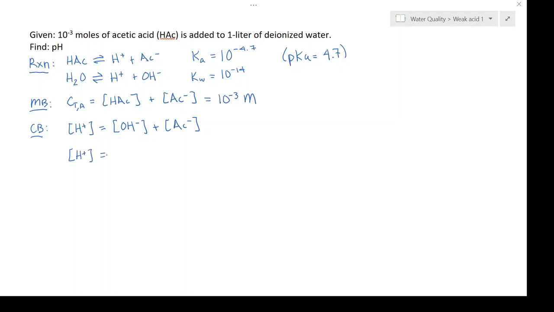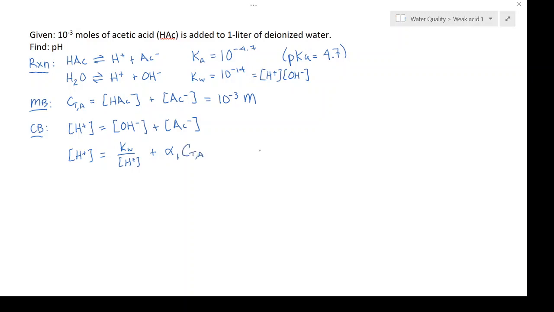Then I'll use the equilibrium equation for hydroxide up above, and I'm just going to write it as Kw over H plus for right now, because Kw is the hydrogen ion concentration times hydroxide. Then I'm going to make a substitution for the acetate. I'm going to use the monoprotic alpha because acetic acid is a monoprotic acid, and this is going to be alpha 1 times C_TA.